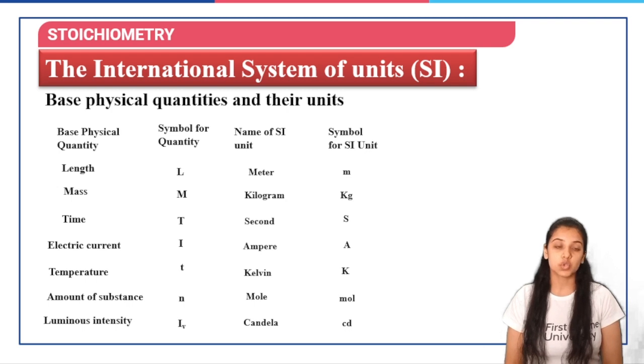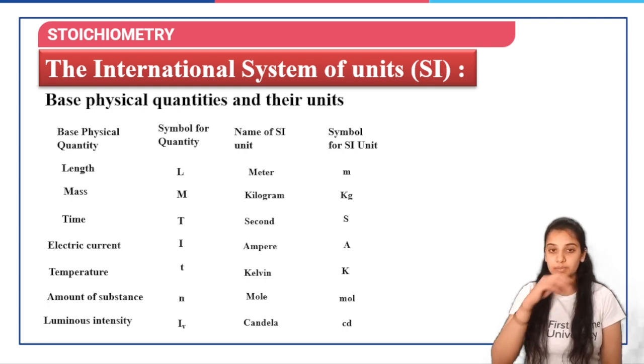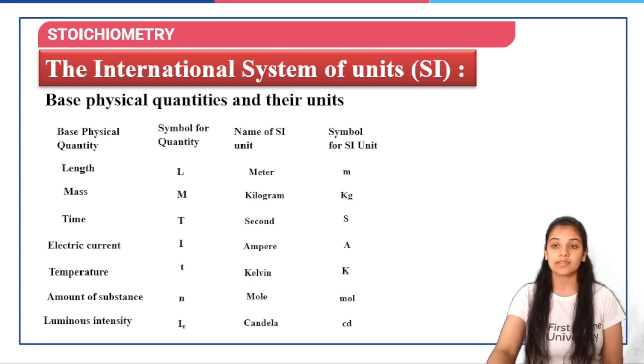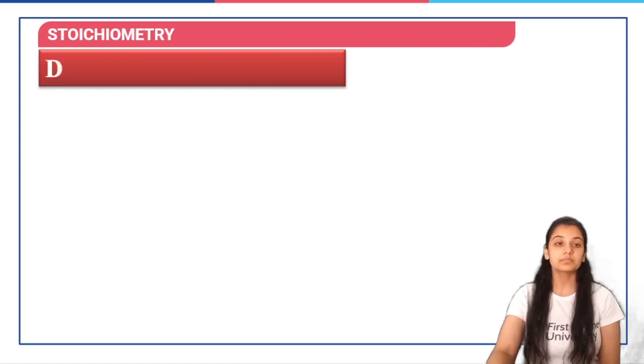That is the denotation. Then luminous intensity, Iv, is having the SI unit candela, which is given by small cd. Okay, so these are the various physical quantities, their symbols and their SI units, and the symbols of their SI units that we have just talked about in this slide.